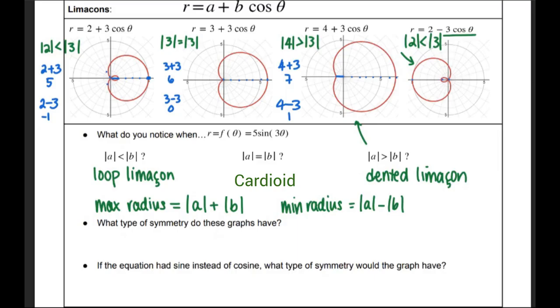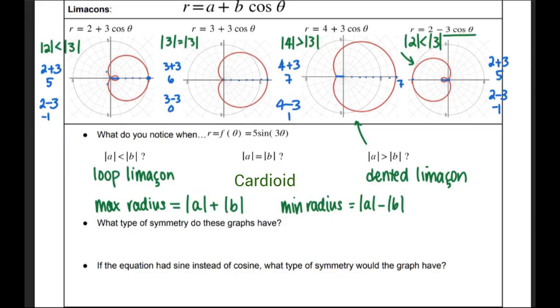So it goes out 1, that's the least, and it goes all the way out to 7, that's the most. All right, and then the last one is 2 plus 3, which is 5, which would be our maximum radius, and 2 minus 3, which is negative 1. So here's your negative 1, the loop, and then it goes out to 5 at the largest.